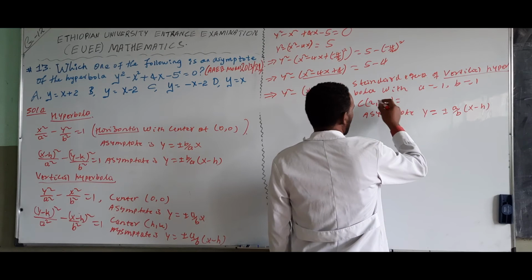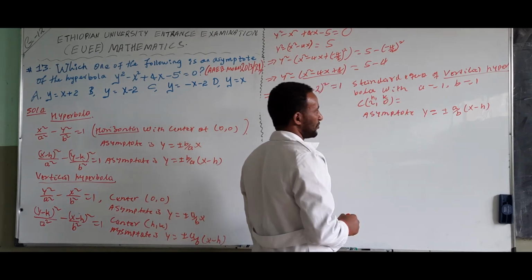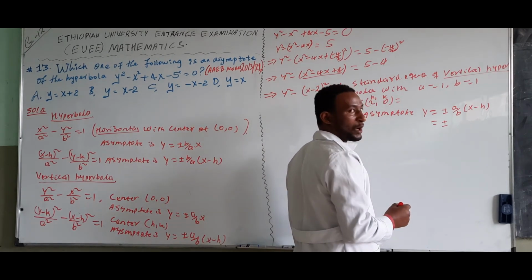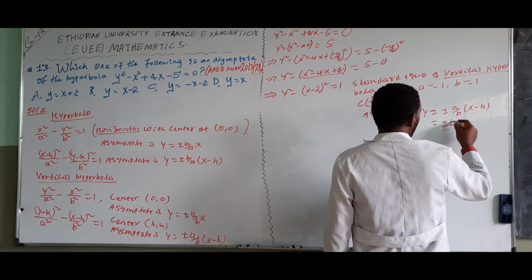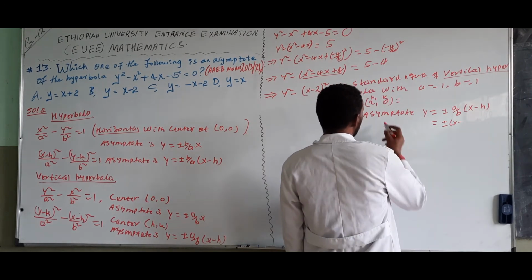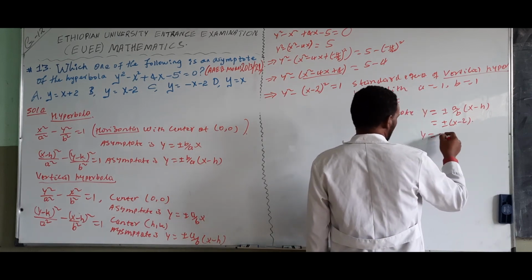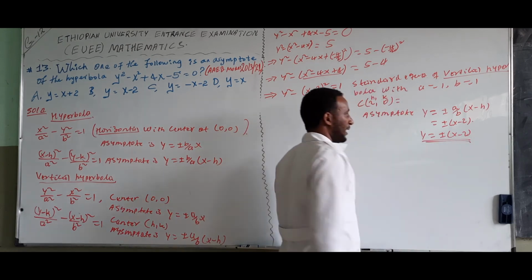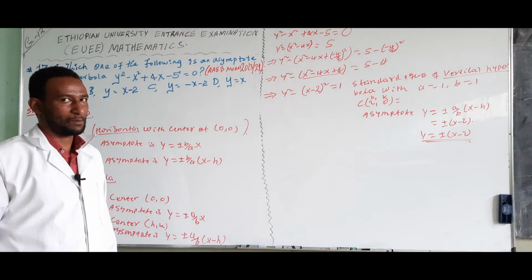This means x, this is h, this is k. Then a over b means 1, because a is 1, b also 1. Then x minus h means x minus 2. Therefore, y is equal to plus or minus x minus 2 is the asymptote line of the hyperbola.